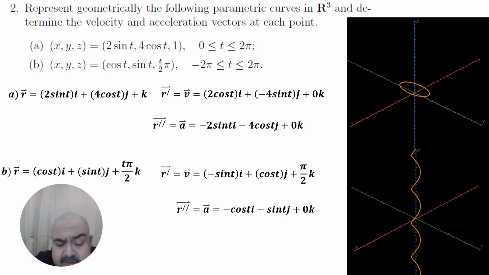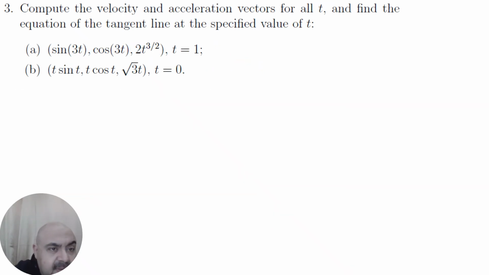I believe in these slides too, I've made another problem from the sheet, which is about computing the velocity and acceleration vectors for all t. And here I've added another request, to find the equation of the tangent. If you remember in the previous slides, we spoke about how to represent an equation of a tangent straight line and an equation of a plane also.